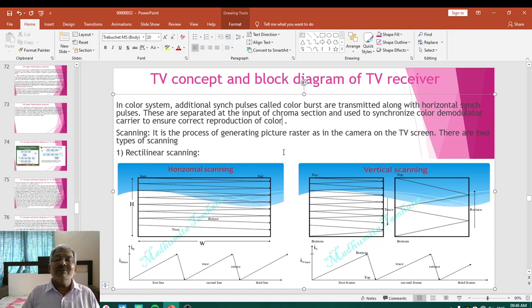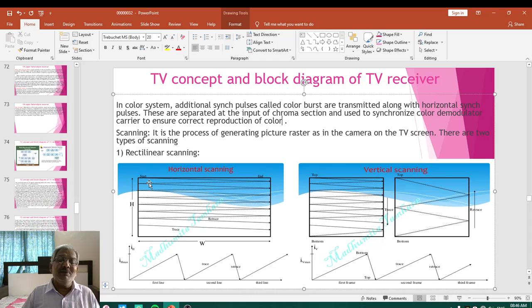This bright spot is now used to scan horizontally as well as vertically: horizontally from left to right and vertically from top to bottom, so as to generate a replica of the picture raster on the television screen. Dear friends, when the electron beam is incident on the television screen, naturally a bright spot is generated.